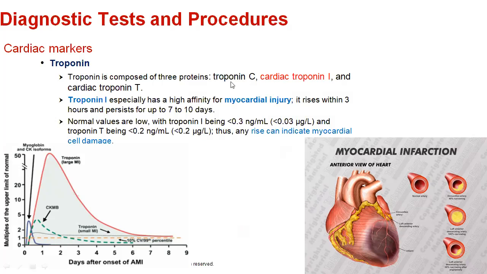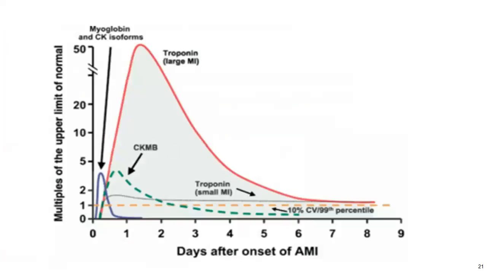Okay. And another enzyme or cardiac marker we use is called CKMB. If you compare and contrast CKMB with troponin, they did not rise like the troponin.